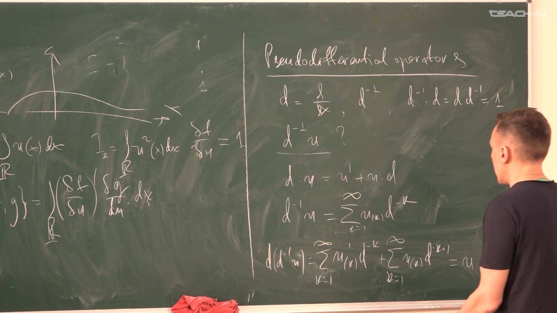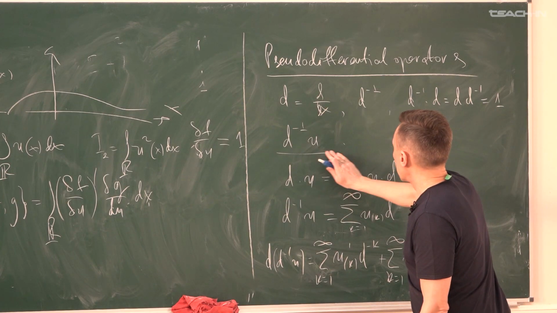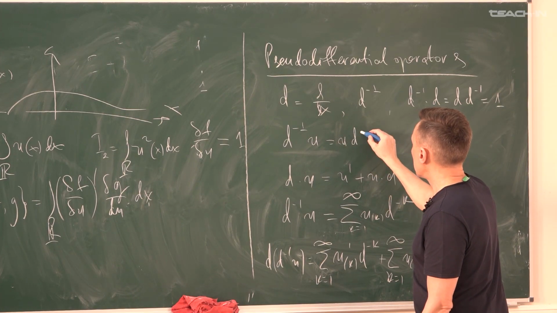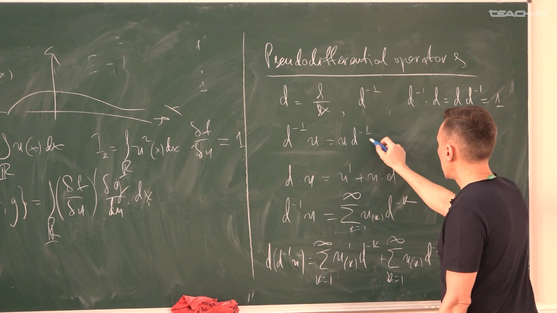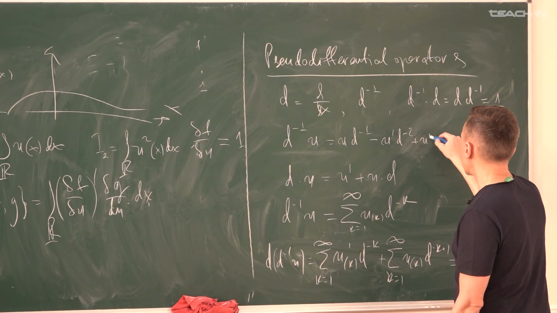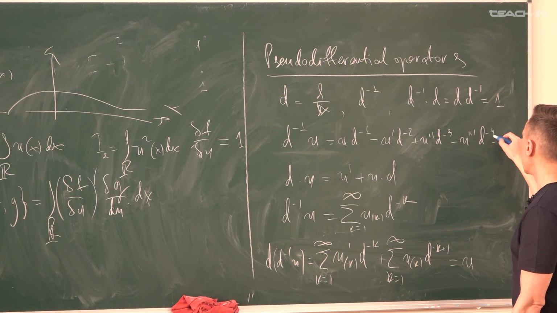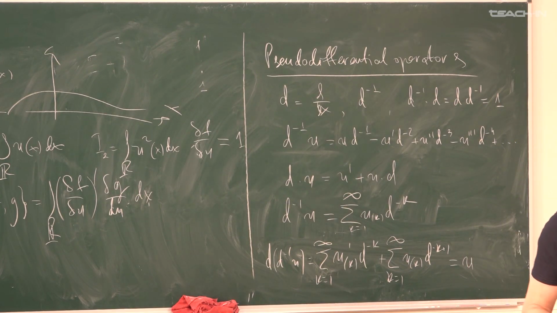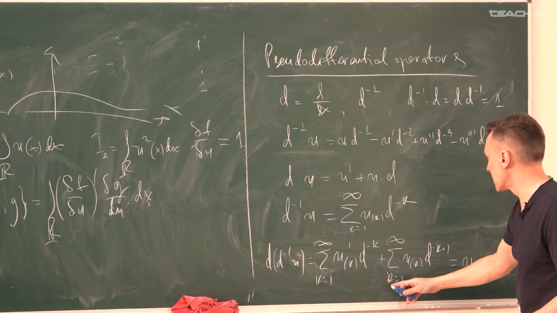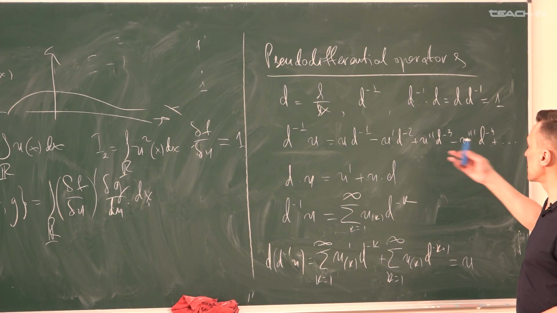So my statement is the following, that it is true if this is equal to u d minus 1 minus u prime d minus 2 plus u double prime d minus 3 minus u triple prime d minus 4, etc. So you see, if we change here the index of summation, we will get such an expression.